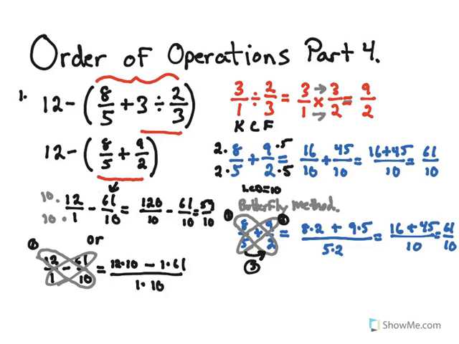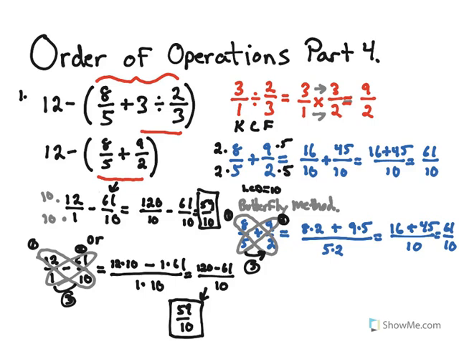So remember, this is the second round, and then this is the third round. Okay, again, that's just going to simplify as 120 minus 61 over 10. And when you subtract the two, you're going to get 59 over 10, which is the answer. And it's the same thing we got over here.